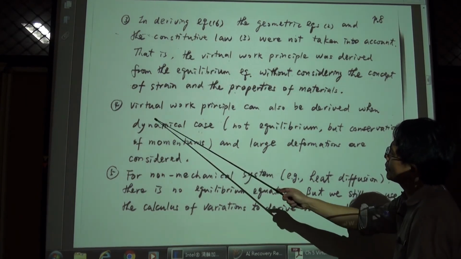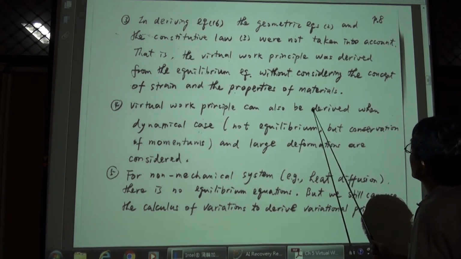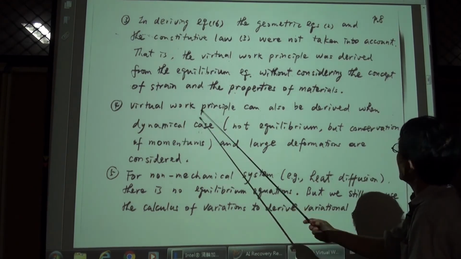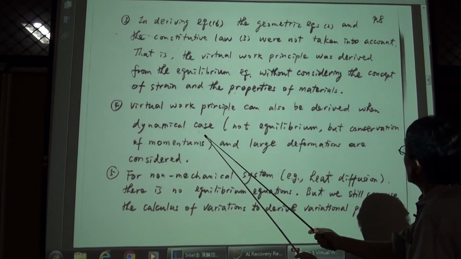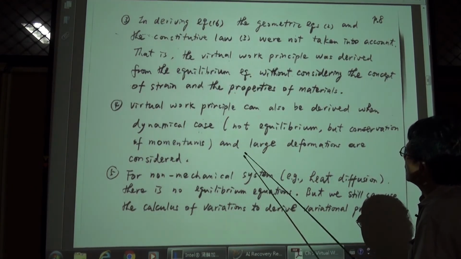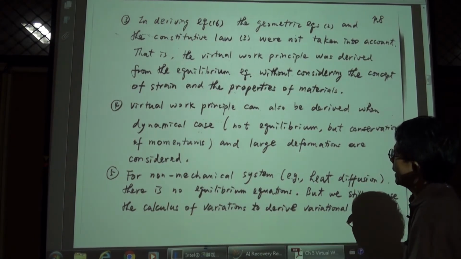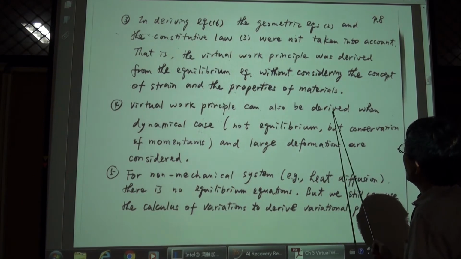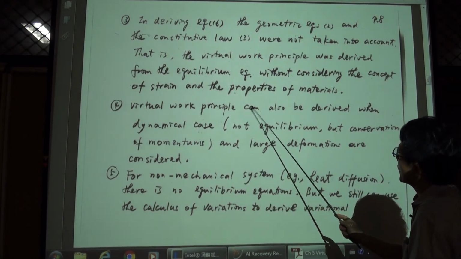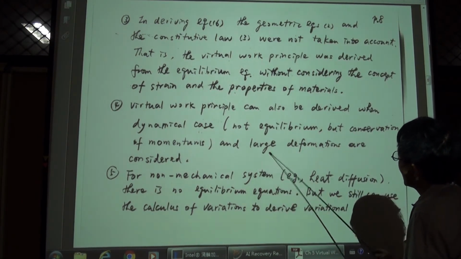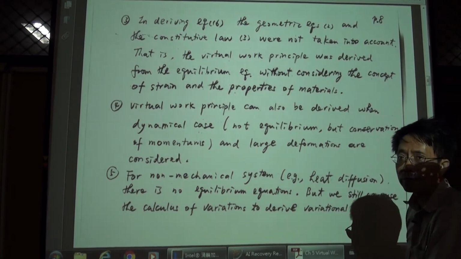Virtual work principle can also be derived when dynamical cases are considered. Not equilibrium, but conservation of momentum. And also, virtual work principle can be derived when large deformations are considered.